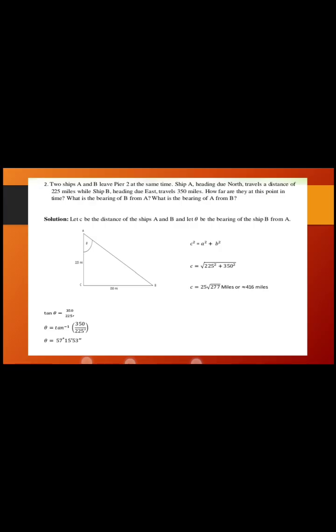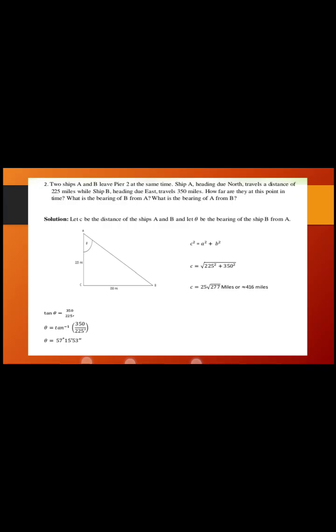Let C be the distance between ships A and B, and let theta be the bearing of ship B from A. We use the formula C squared is equal to A squared plus B squared. C is equal to the square root of 225 squared plus 350 squared.